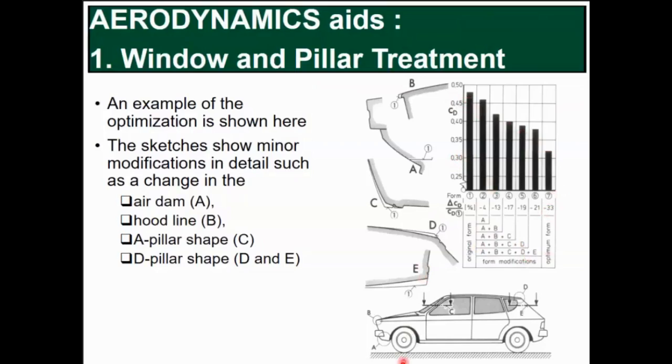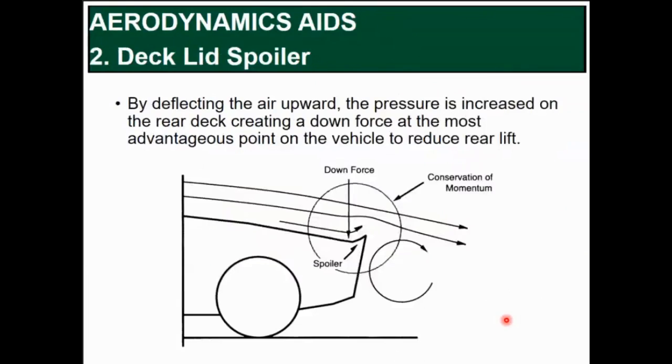And then on top of that, by have spoiler at the rear, okay, that will deflect the air upwards here, and pressure will increase, creating a downforce and reduce the rear lift.